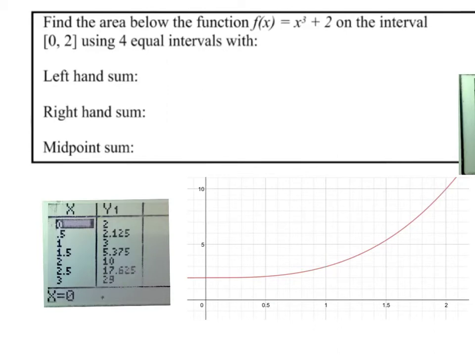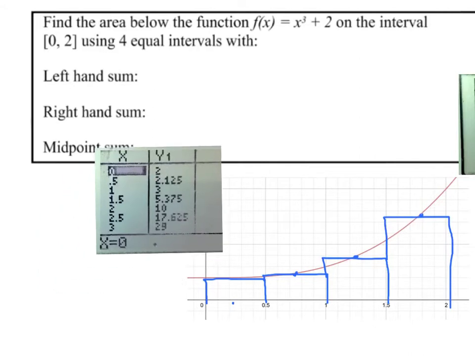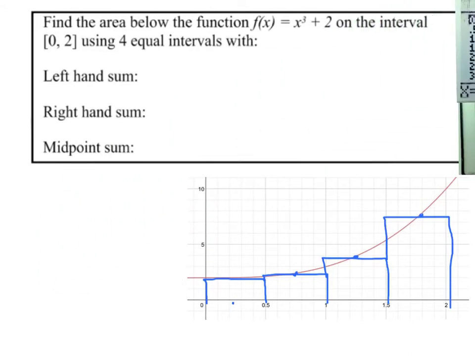Finally, the midpoint sum. From 0 to 0.5, we would let 0.25 set our height. From 0.5 to 1, we'd let 0.75 set our height. Here we'd let 1.25 set our height. And here we would let 1.75 set our height. Now I think you can see this is the best estimate, and you don't really need to think about over or underestimate with midpoint.